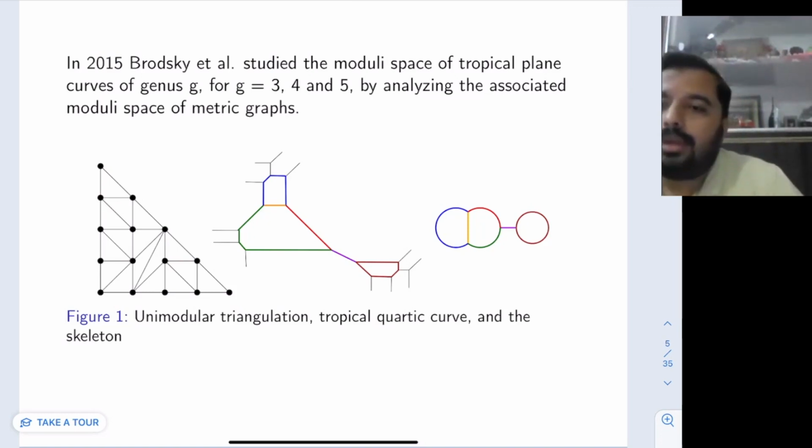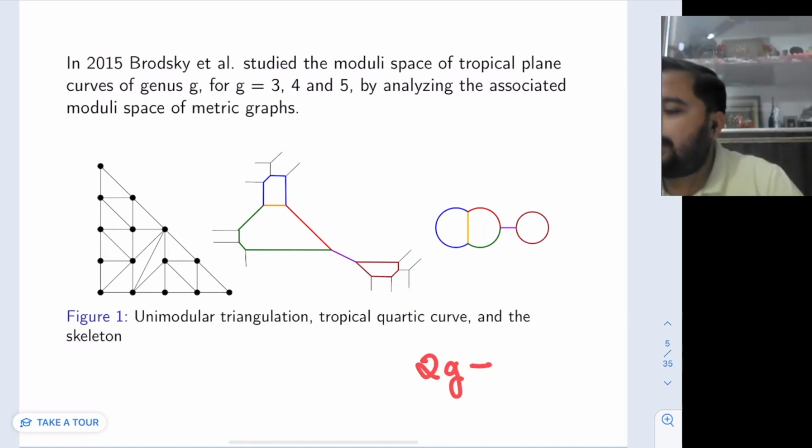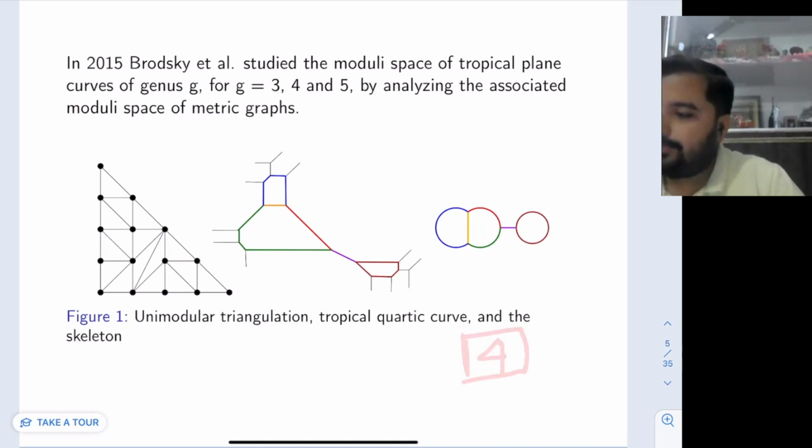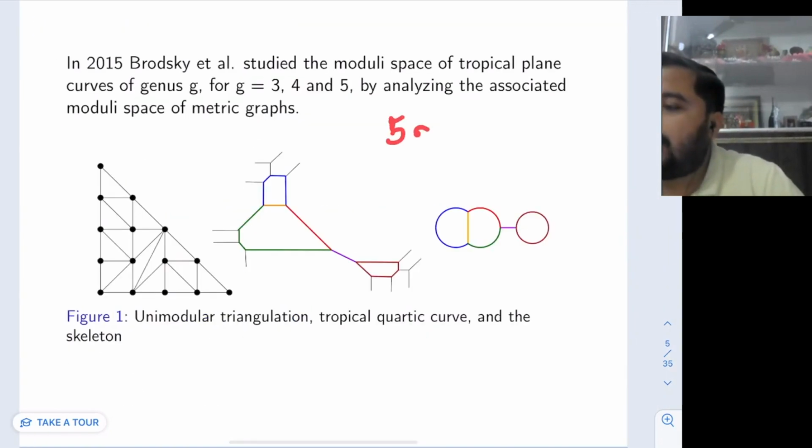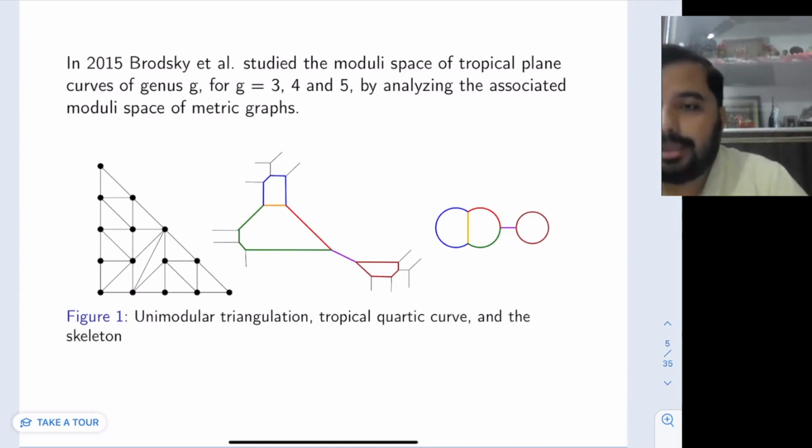So the first major result that they were able to find was that, in this case, 2g minus 2, where the genus is 3, gives 4 vertices. On 4 vertices, they had 5 graphs, out of which they found that one never occurs.